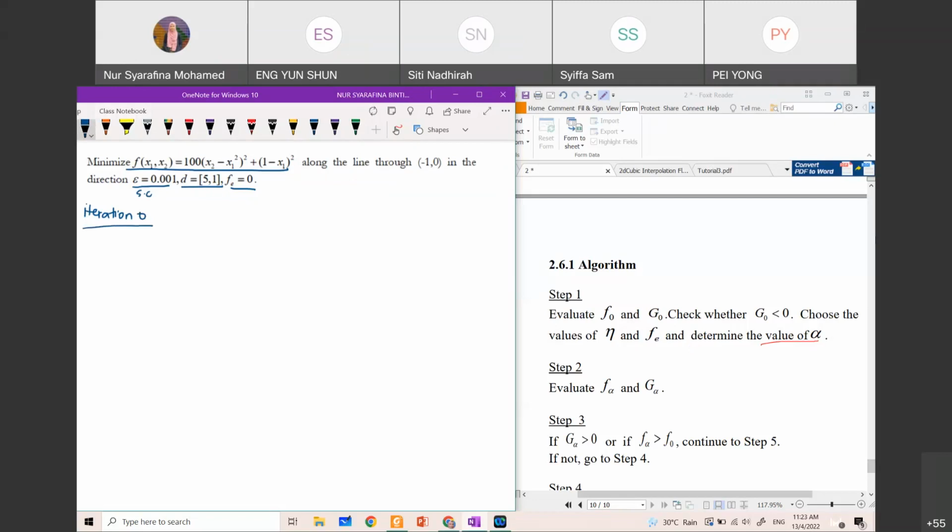Your x0 is given by -1, 0. And then you have your function. So given x0 equals -1, 0, what is your f0? Calculate your f0.